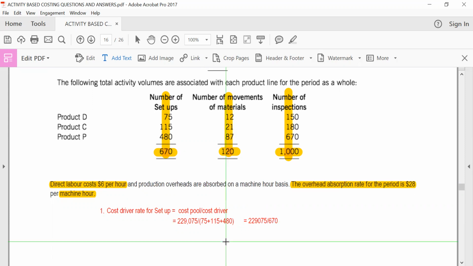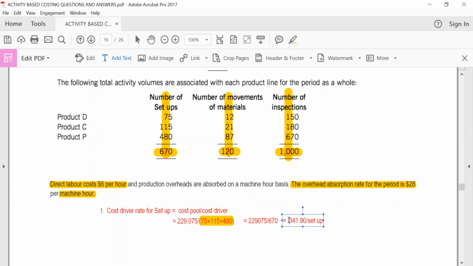The examiner has already done that for you. 75 plus 115 plus 480 will give you 670, right? And by dividing, we got 341.9. You can do it also at your end. So that is per setup.